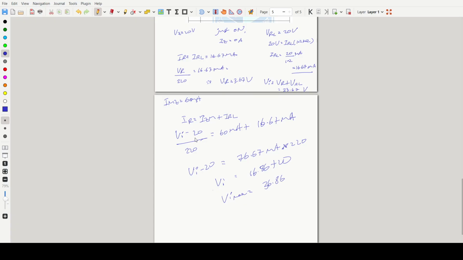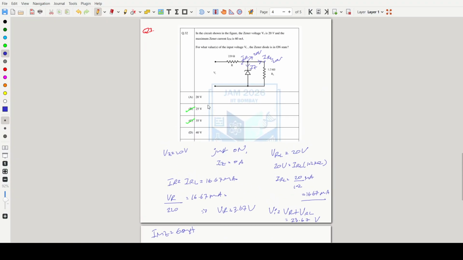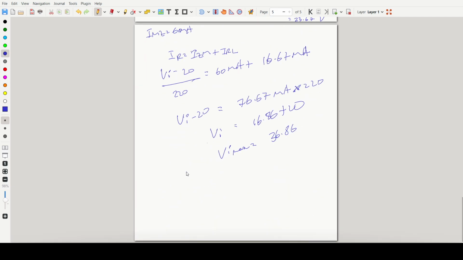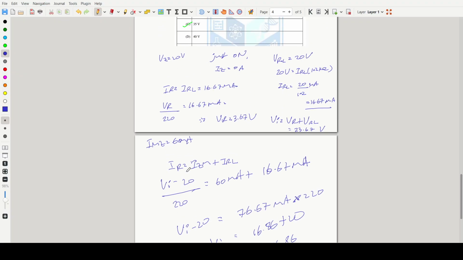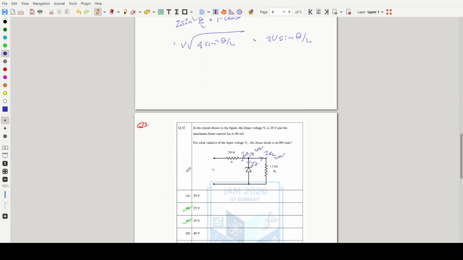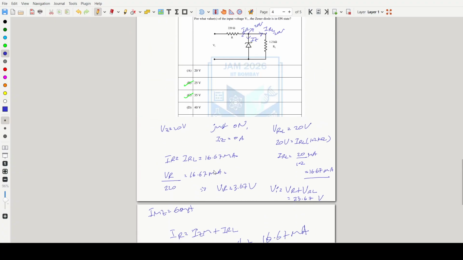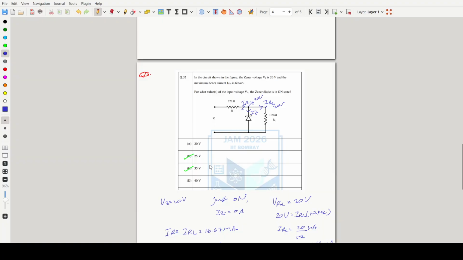Okay, cool. We found the minimum and maximum. Now let's check what values of input voltages are between this. That is between 36.8 volts and 23.7 volts. And only option B and option C are between these values. So that would be the correct answer.